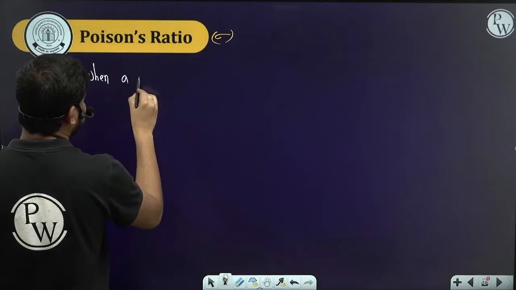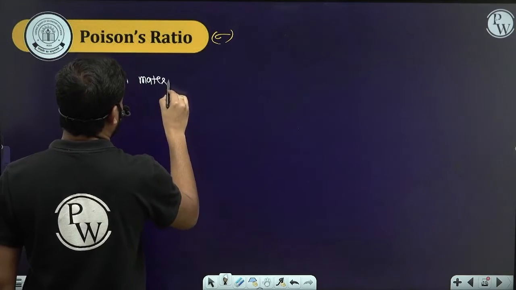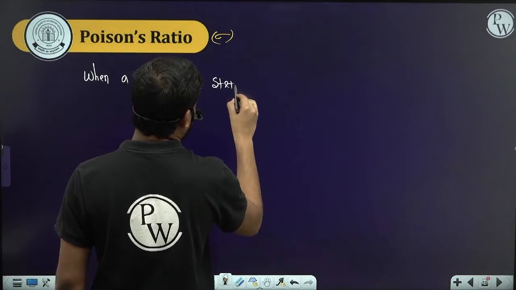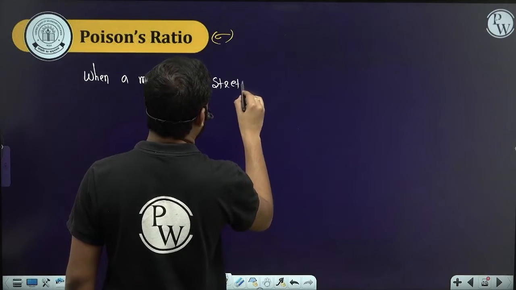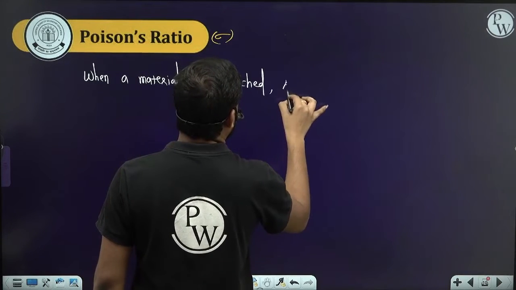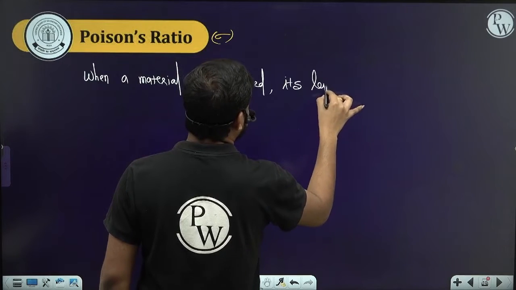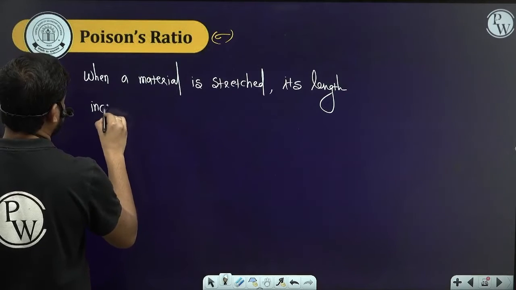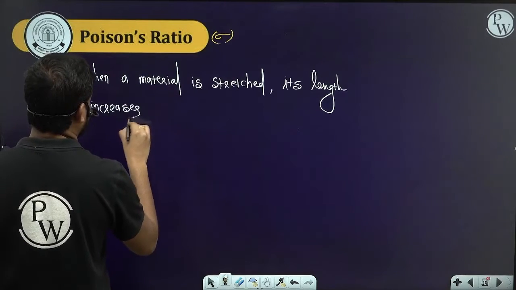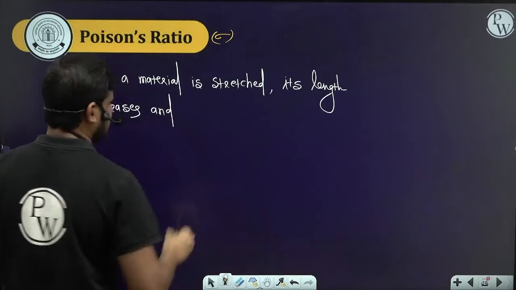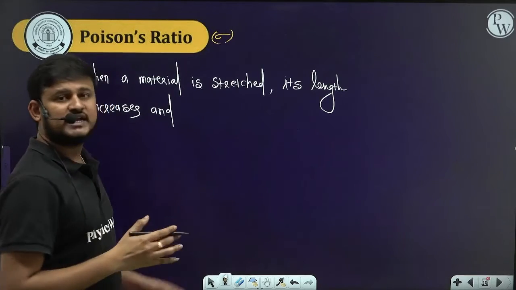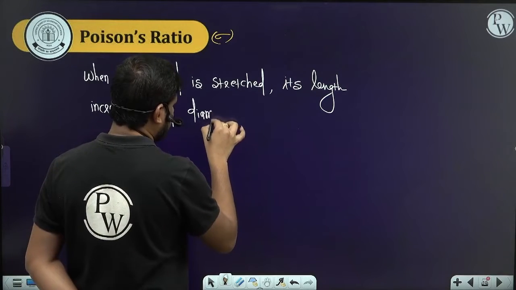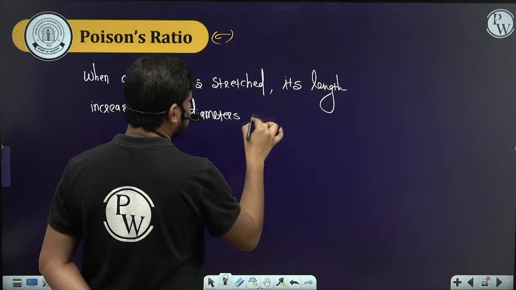When a material is stretched, its length increases, and so the diameter decreases. Yes or no? Its diameter decreases.